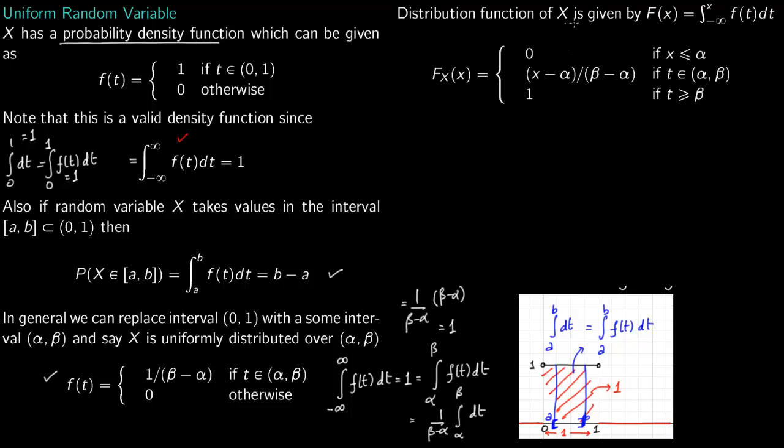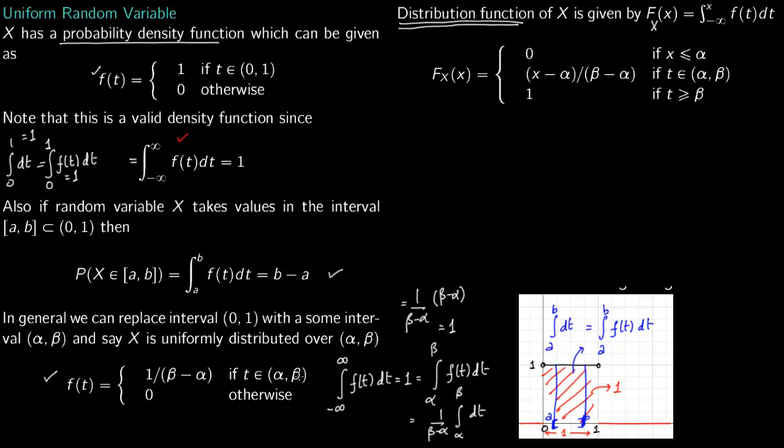Now the distribution function of the random variable capital X, which you write here, is given as F of small x. This comes just from the definition. So we were talking about density function till now. Small f is the density function. Now we are talking about distribution function. So this will be 0 if x is less than or equal to alpha, precisely because we only talk about the open interval from alpha to beta.